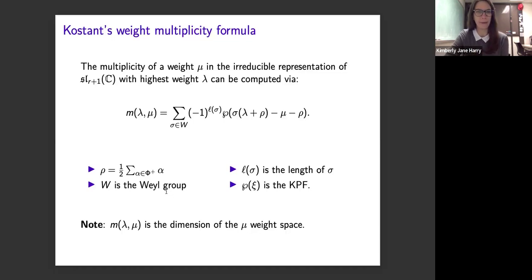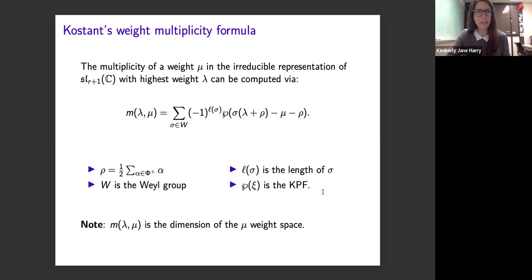And then l of sigma is the length of my sigma. Remember the Weil group is made of these reflections, these S's, so I ask myself, how many S's do I have in my sigma? That tells me the length. And then lastly, of course, we just talked about it, P of this expression here is just the constant partition function.